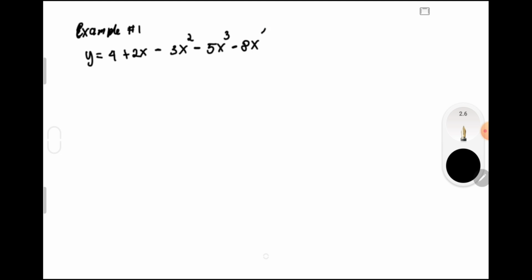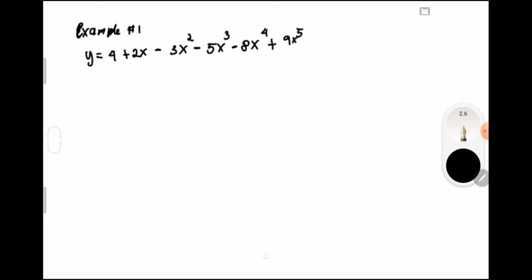So let's have our example number 1. Let's have a value of y which is equal to 4 plus 2x minus 3x squared minus 5x cubed minus 8x raised to 4 plus 9x raised to 5.